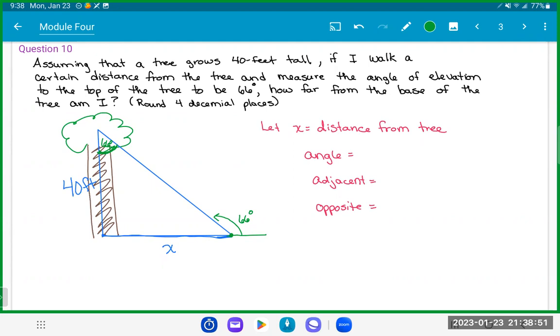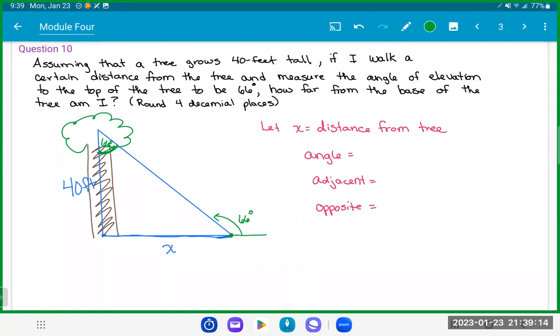So if we have a straight line here that's the 180, then it would stand to reason that we would have the 66 degrees up in the top of this triangle as well, okay?